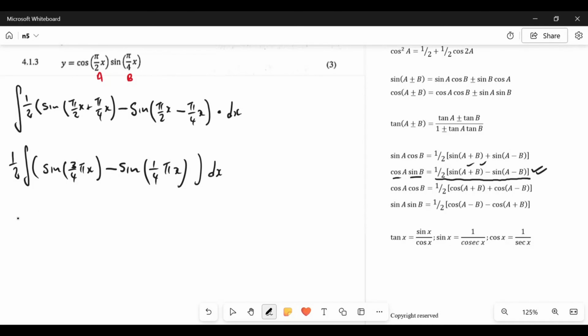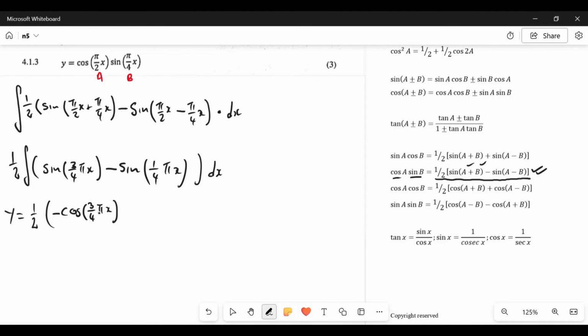It's time for us to integrate. So let's not forget that this we can equate to y and say 1 over 2. And then we put the integral there. Now, remember, when you integrate the trigonometric ratio, you divide by the coefficient there. So let's do it. First of all, we know that the integral of sine is going to be negative cos. There we go. So we must include this here, 3 over 4 pi x.